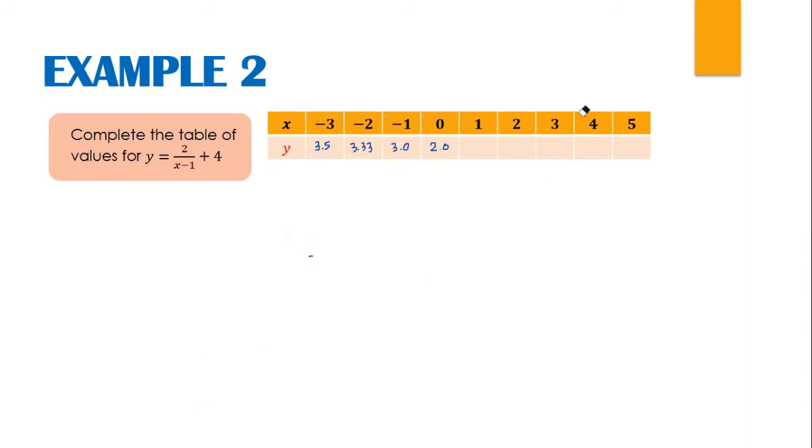Okay, students, we can continue to find y. When x equals 1, we'll find here is undefined. When x equals 2, we'll find here is 6. When x equals 3, we'll find here is 5. Okay, this one is 6.0, 5.0.